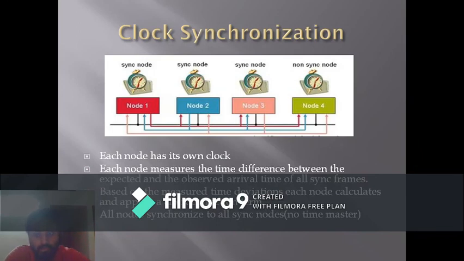Based on the measured time deviations, each node calculates and applies a clock correction term, and all nodes synchronize to all sync nodes. The main objective of clock synchronization is to synchronize all the clocks.